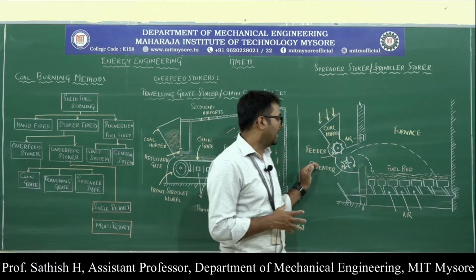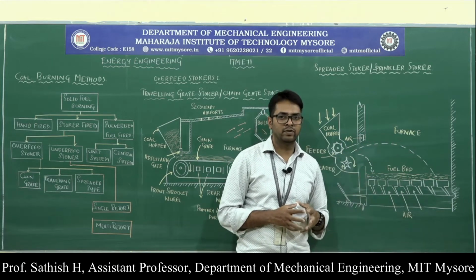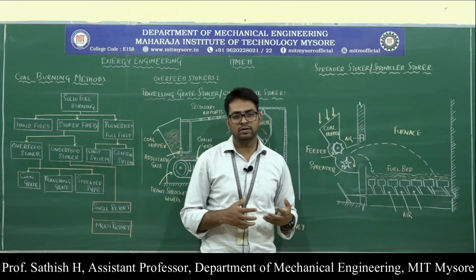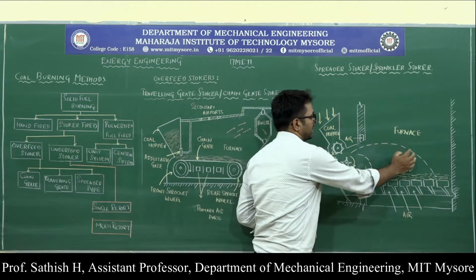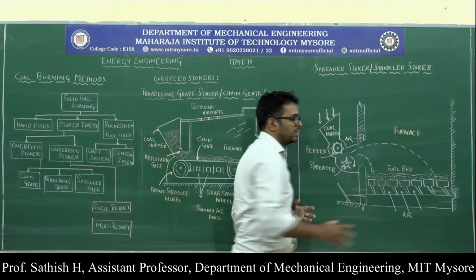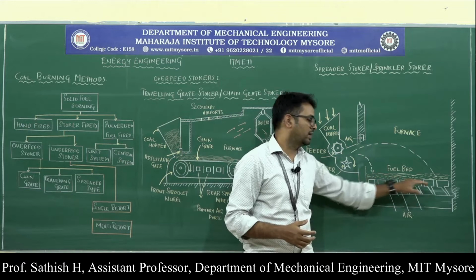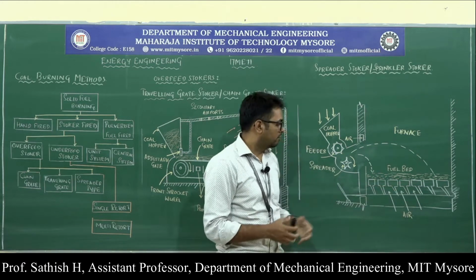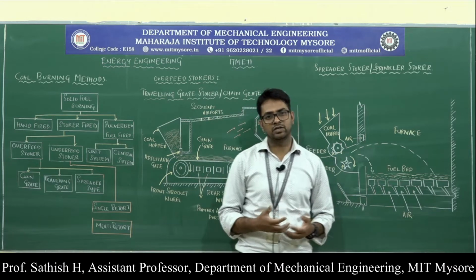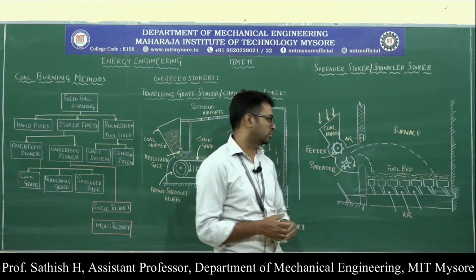While it is spreading uniformly over the fuel bed, part of the coal combustion takes place in the air itself. When it is spreading in the air, combustion takes place, and the unburned coal which falls on the fuel bed is burnt on the fuel bed. For the combustion, of course, we need oxygen or air, which is taken from the ports provided at the bottom.